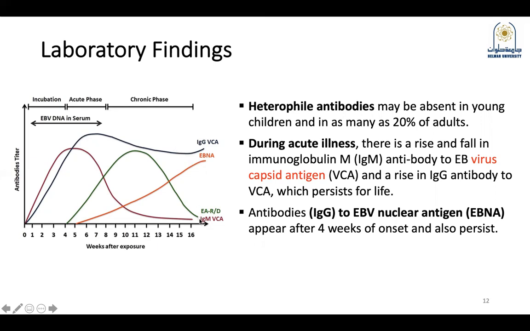On the other hand, we have another type of antibody called the Epstein-Barr virus nuclear antigen, IgG. This is the IgG of the virus, which occurs later than the 4th week after infection, and it stays positive for life.